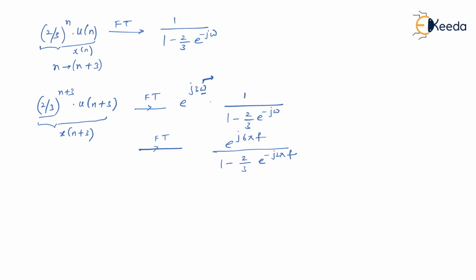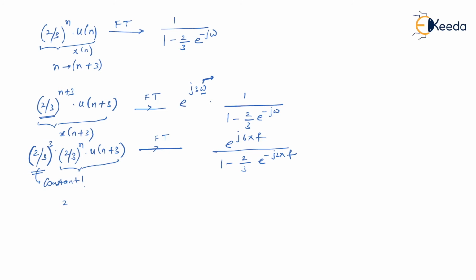Now I'll just use a law of indices. I can write 2 by 3 to the power 3 times 2 by 3 to the power n times u of n plus 3. If you see your question carefully, on the left hand side we have only this much, and I can say this is simply a constant, and if this is a constant, then we can transfer the constant from time domain to frequency domain.